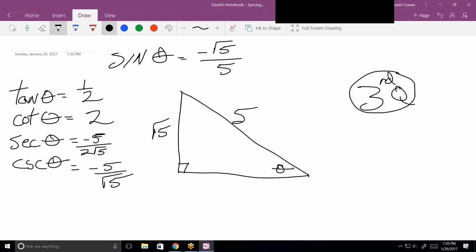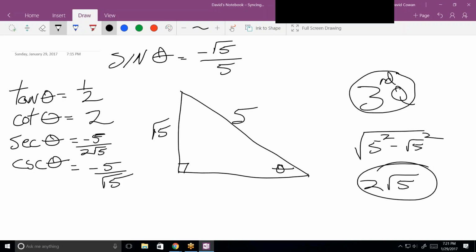There's a fast way to get it and there's a slow way to get it. 25 minus 5, or square root of 20, or root 20. Good. Yeah, that's the fast way to get it, which is square root of 20, which is 2 root 5. Okay? Good. Okay.